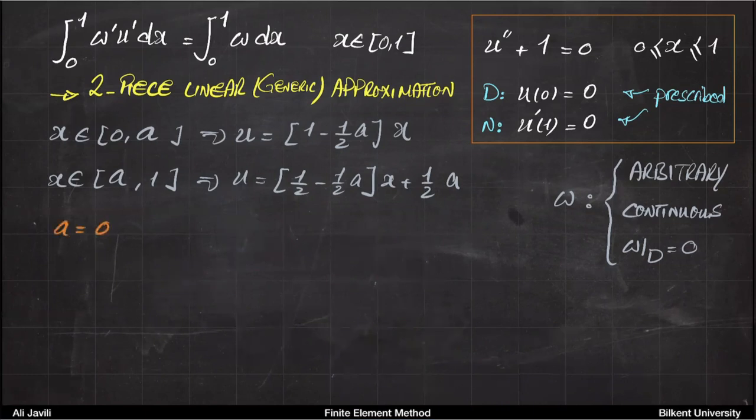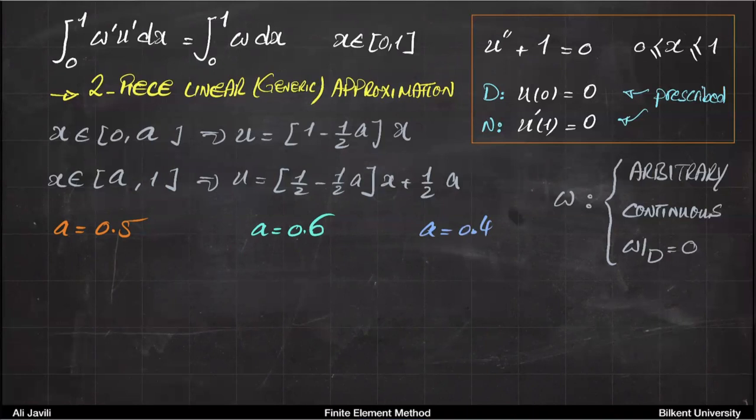Let's assume a is 0.5, so it's in the middle. In the second one, I think we assumed a was 0.6. And in the third one, we assumed a was 0.4. So once you have it for a generic a, for any a, you can just insert those a's and check your solution.